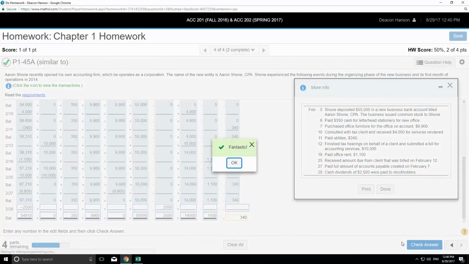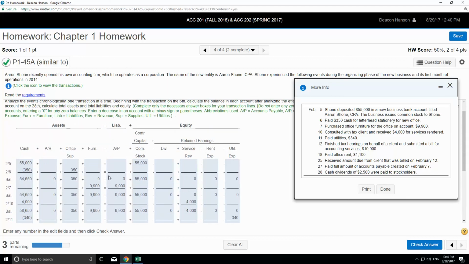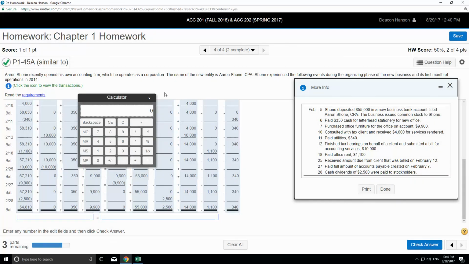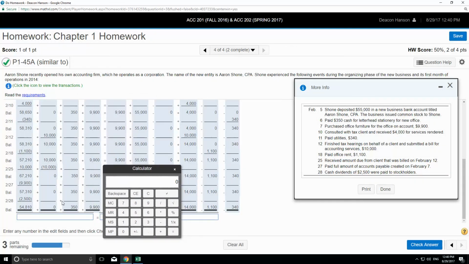Check answer. Fantastic. Then what they want me to do now is add up the asset side and the liability and equity side, and it should balance, right? So we'll use our calculator. I'm going to add up these four account balances.